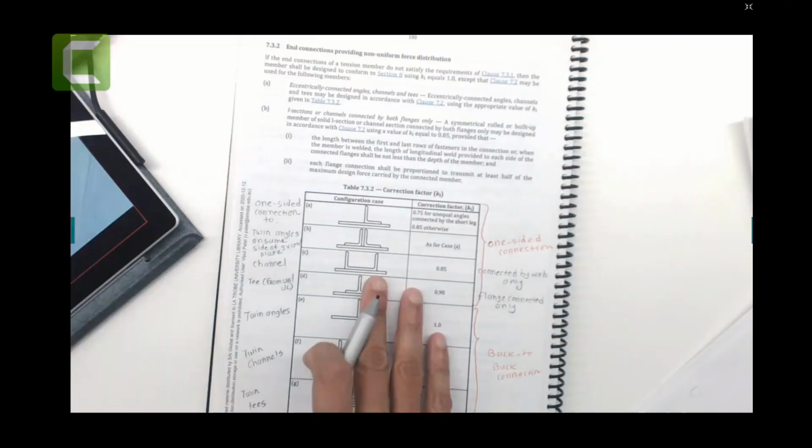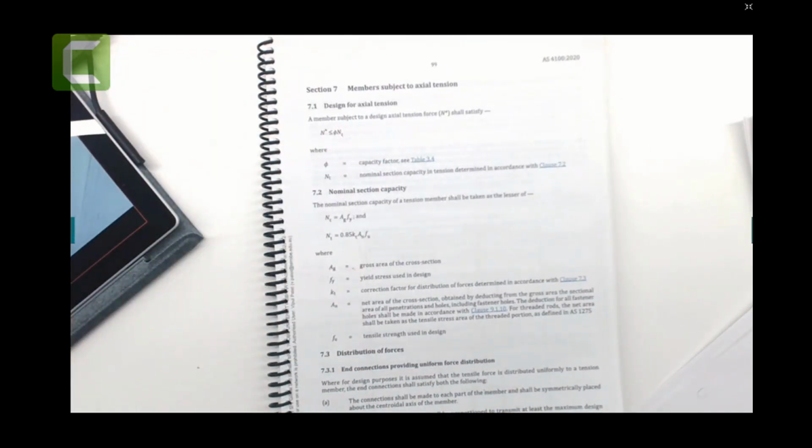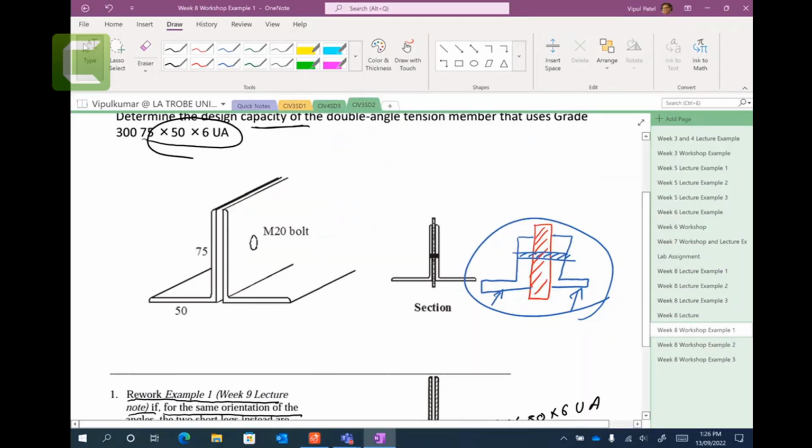We have two equations. We don't know whether yielding is going to occur first or fracture is going to occur first. So we need to do both all the time. We do yielding and fracture both times. We don't just blindly assume that yielding or fracture is going to occur. Someone might say when you have a hole, it is more likely that fracture will occur.